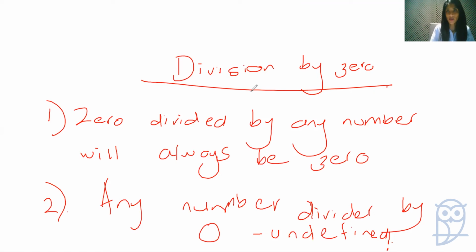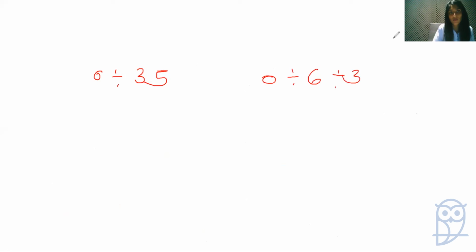So let's work a few examples. If I say 0 divided by 35, and 0 divided by 6, and then 35 divided by 0, and 6 divided by 0.